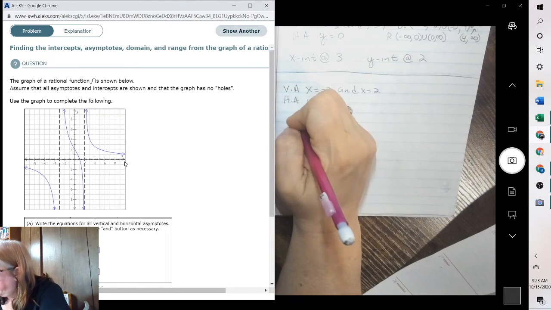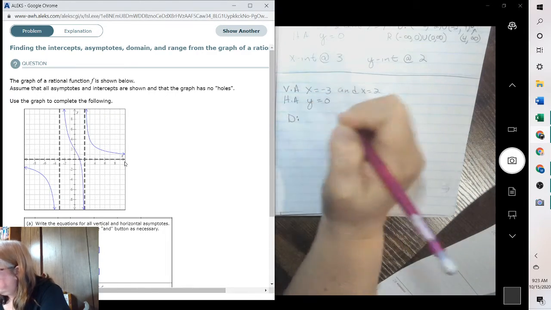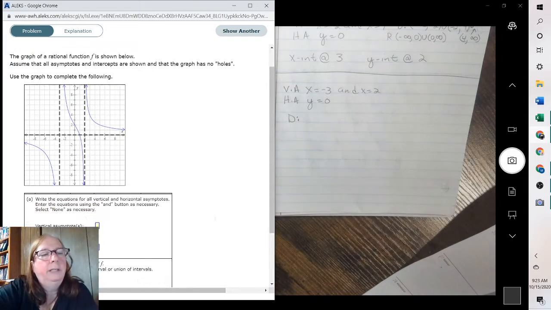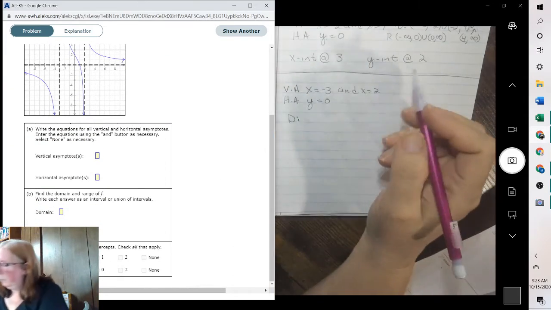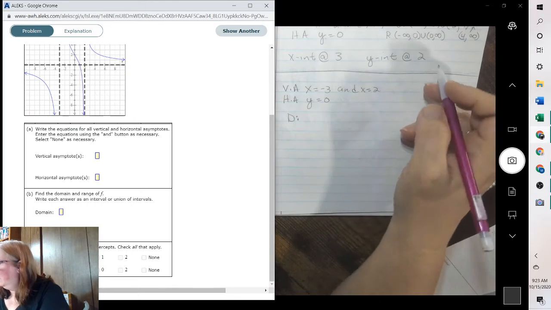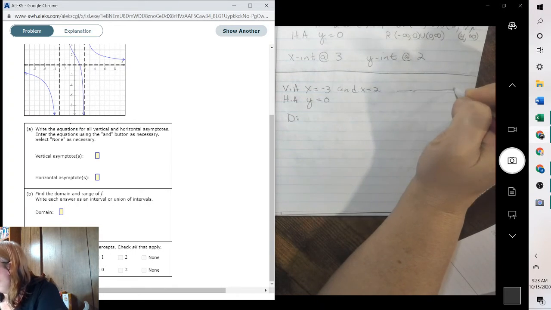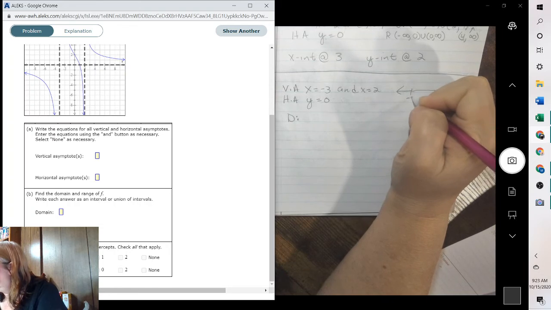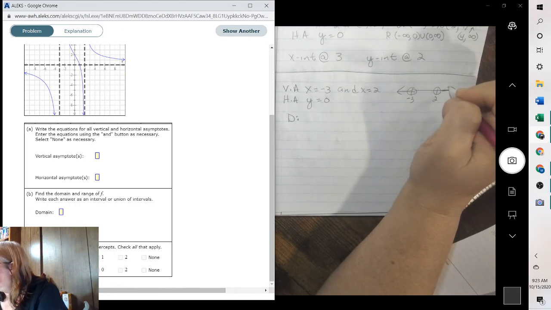For the domain, the only thing omitted is these two values. If you want to think of the number line, it's everything except for them.